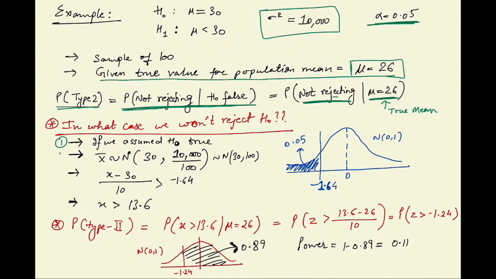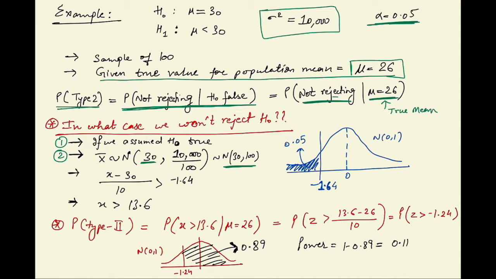We know that the sample mean will follow a distribution with mean 30 and a standard deviation of 10, which is root of 100. So the mean of the sample would be normally distributed with mean 30 and variance 100.